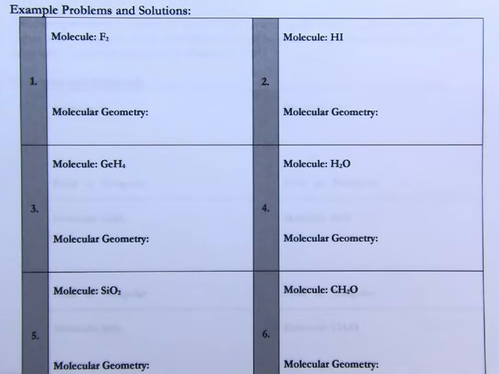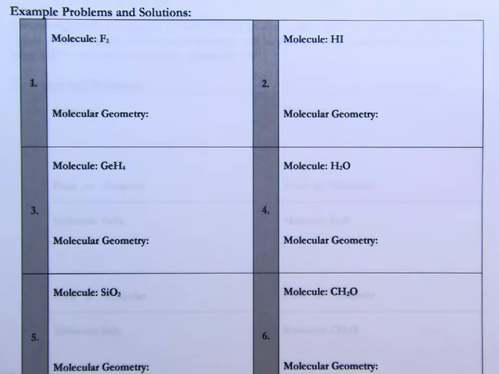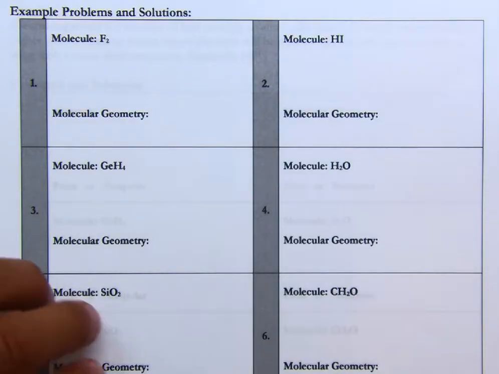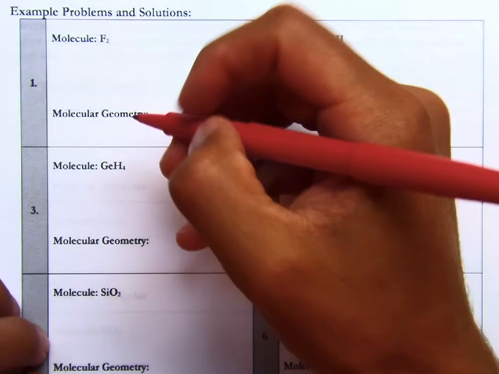Okay, so it says example problems and solutions. If you look at these molecules, you might recognize them from our last video on Lewis structures. These are all the same molecules that we already drew Lewis structures for. So I'm just going to redraw them, and I'll do that pretty quickly, but I want you to predict what the shape around the central atom is. So I'm going to draw the molecules pretty quick.